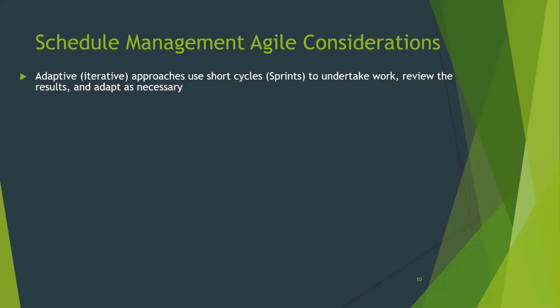Well, an agile plan or schedule might look like you have your initiation and planning phase, but then when you get into execution, your execution is broken down into a number of sprint cycles. And so you're going to have your tasks that need to get done within each sprint broken up into different sprint cycles.